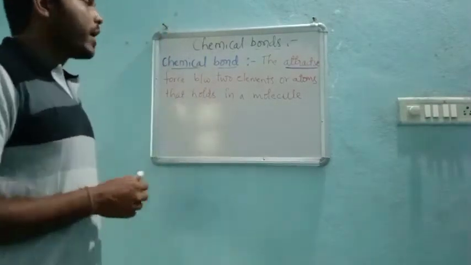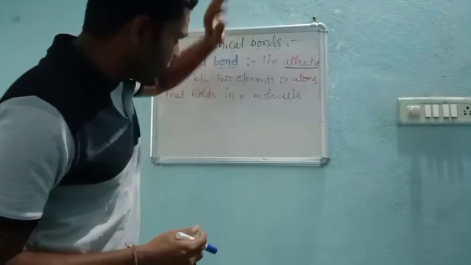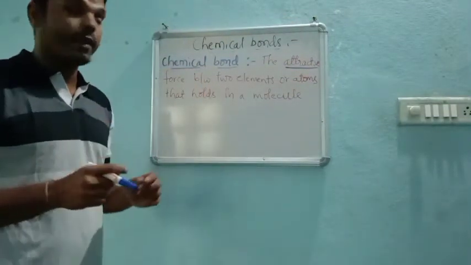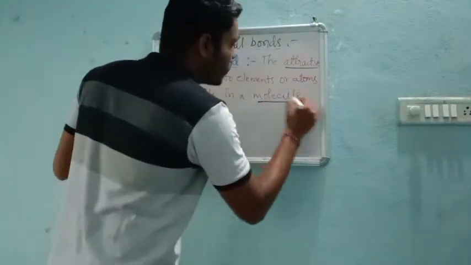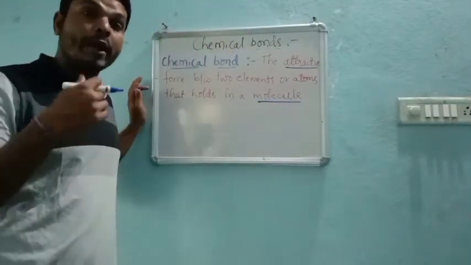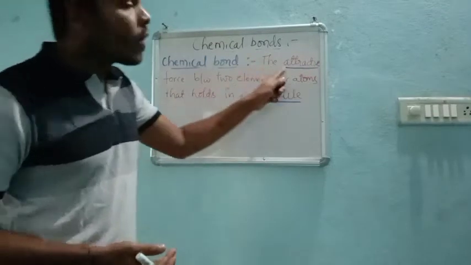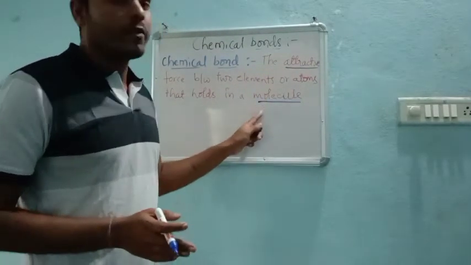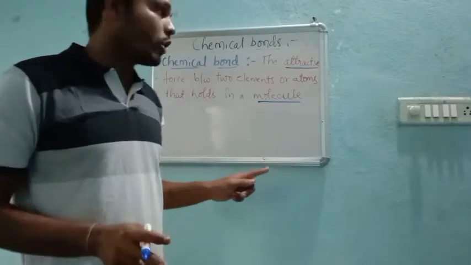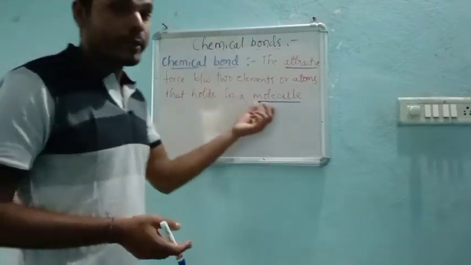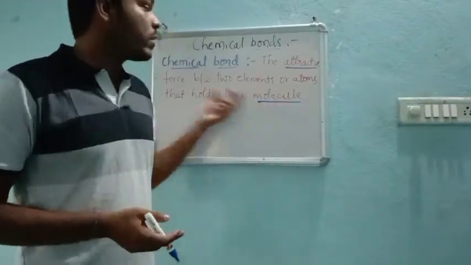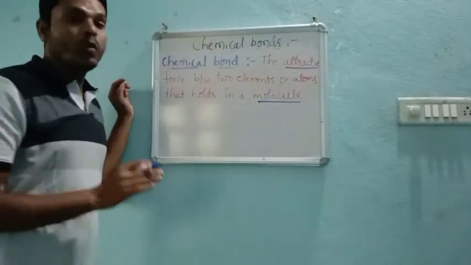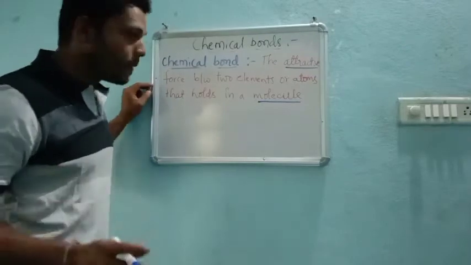So there is an attraction between elements or atoms, and that's why we can see a molecule in the form of a chemical. If there is no attraction between any two elements or atoms, there will be no formation of a molecule. We couldn't see the formation of a molecule if there is no attractive force between any two elements, right?